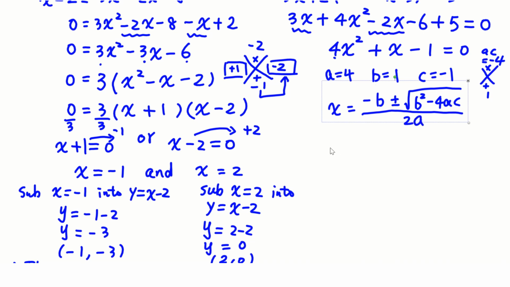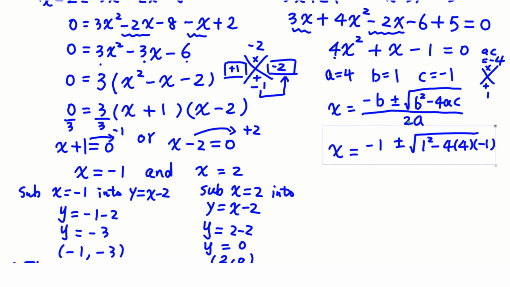Then we sub in a, b, c. So b is 1, plus minus 1 squared minus 4 times a is 4, c is -1. Then all over 2 times 4.